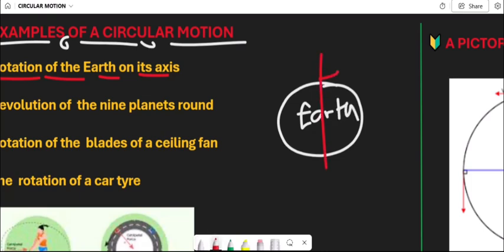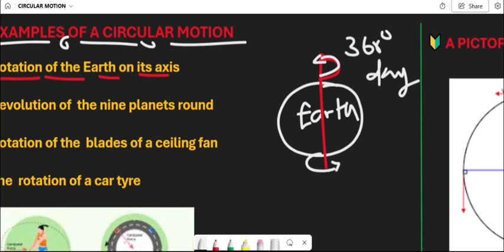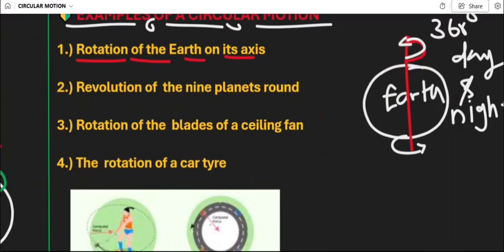Whenever the Earth rotates on its axis, it makes day and night. When it rotates 360 degrees, it makes a day, and when it rotates another 360 degrees, it makes a night. So the rotation of the Earth is a typical example of a circular motion.